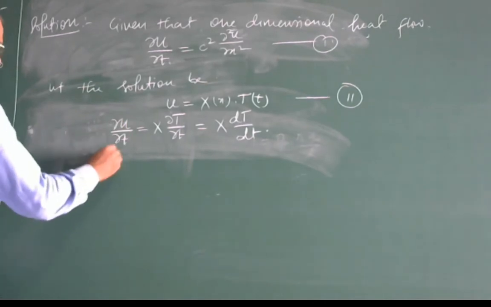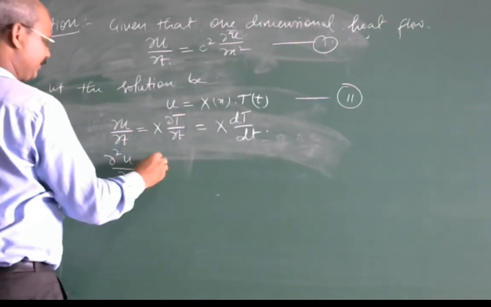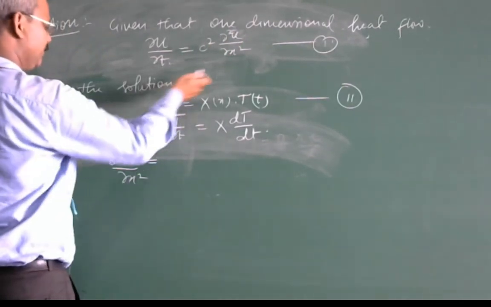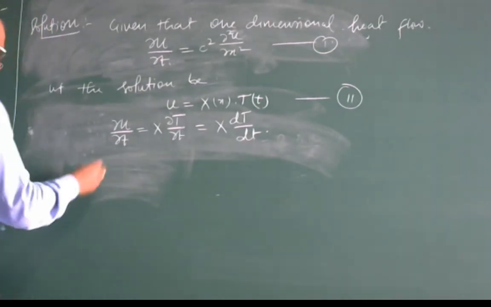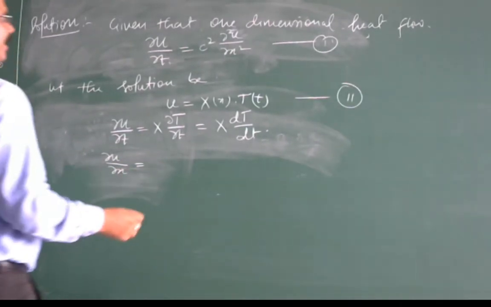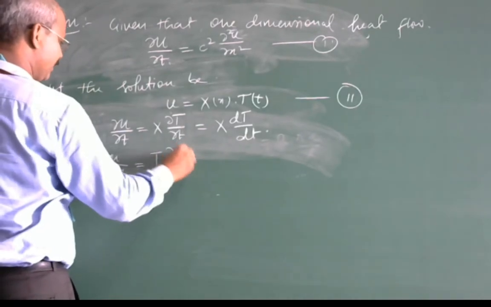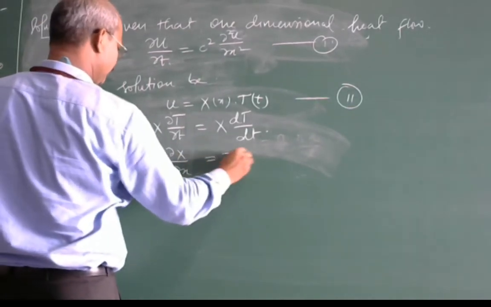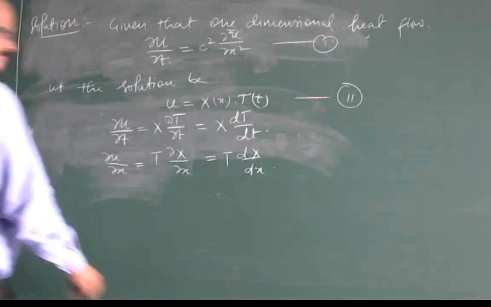Similarly, del 2u by del x square: first find del u by del x, which is T dX by dx.